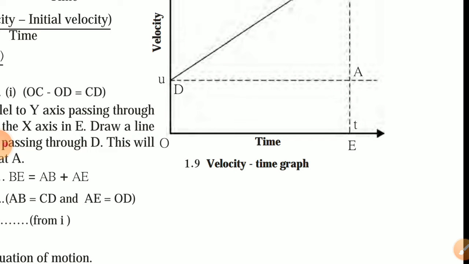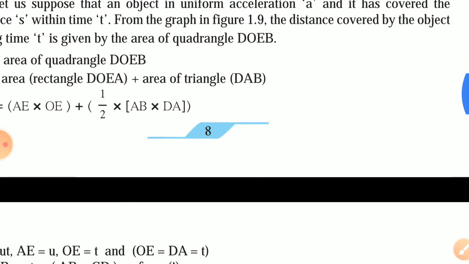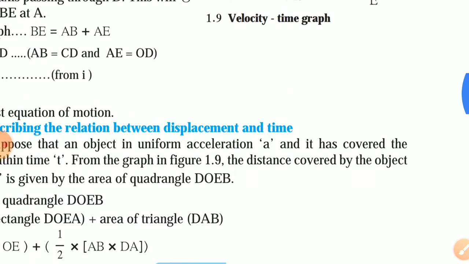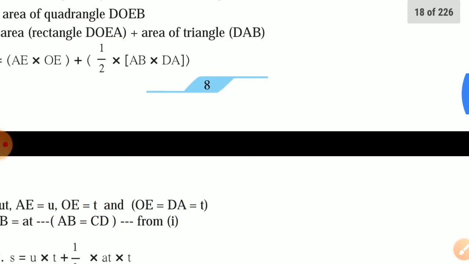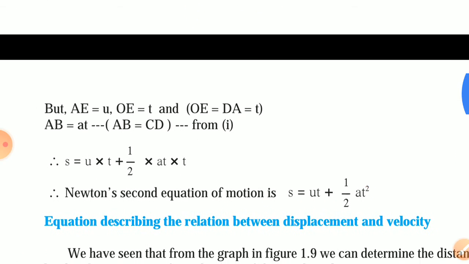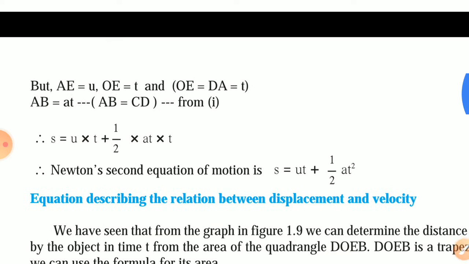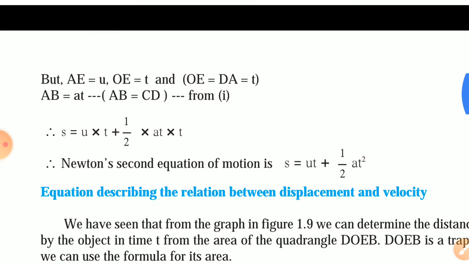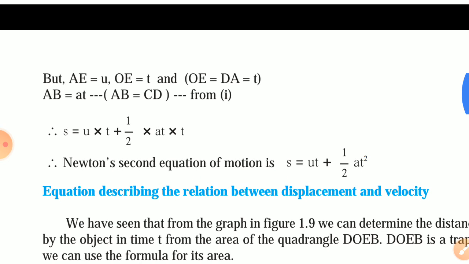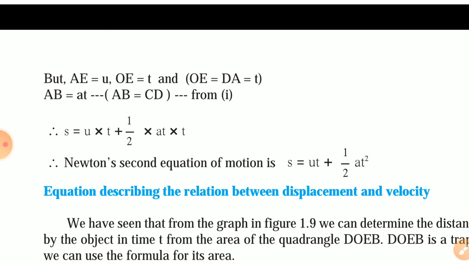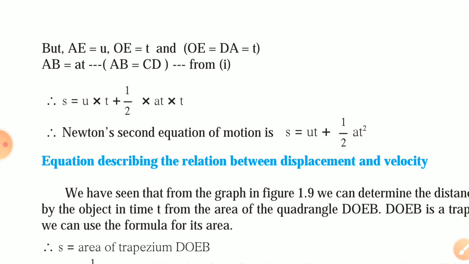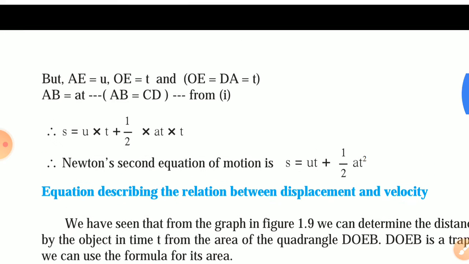OD is the initial velocity u, and OE is the time t, and OE is equal to DA. Then put the values from equation 1: AB is equal to at, therefore AB is equal to CD. Then we get s is equal to u into t plus half of at into t, that is s is equal to ut plus half of at square. This is Newton's second equation of motion.